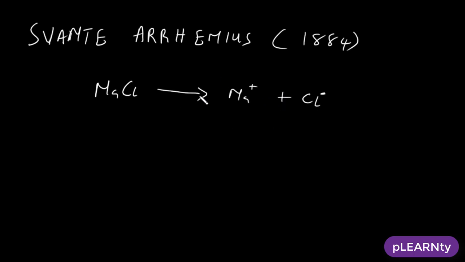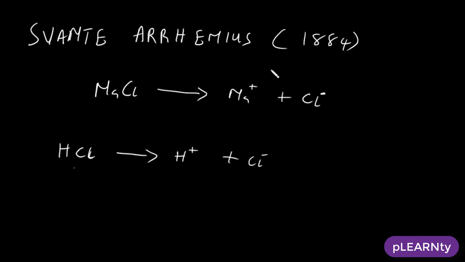So this is an observation. Three years later, let's say 1887, he added that acids are neutral substances that when dissolved in water, they give us a proton, they donate a proton. So let's say, for example, one of the very popular acids we know, HCl, when dissolved in water, it gives us a proton. So therefore, according to Arrhenius' definition, HCl is an acid.